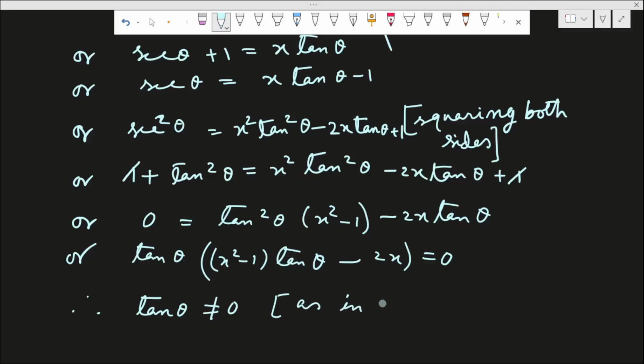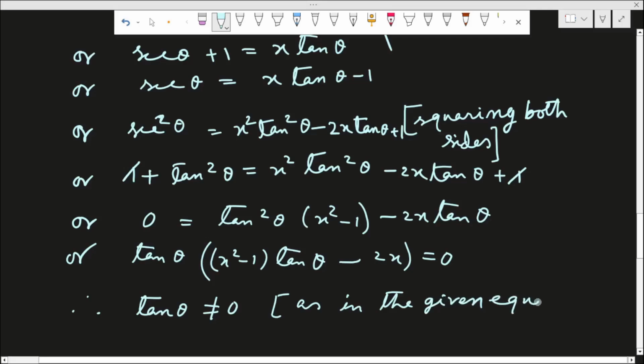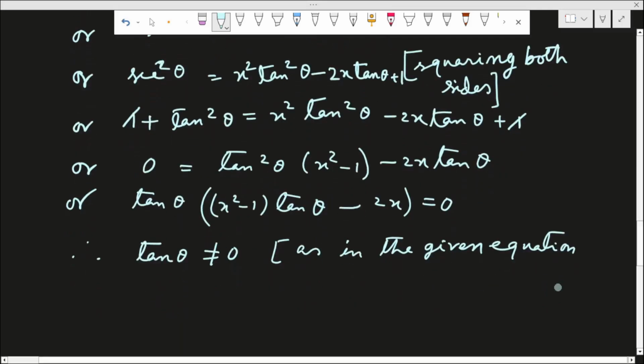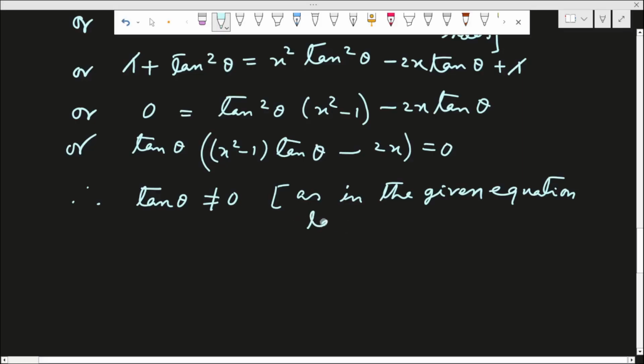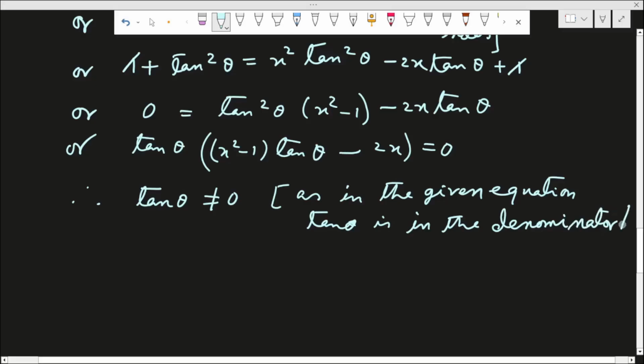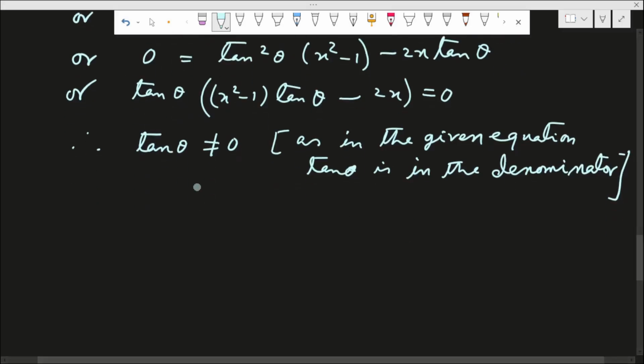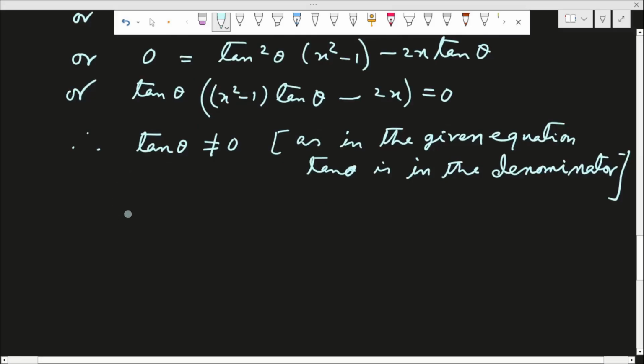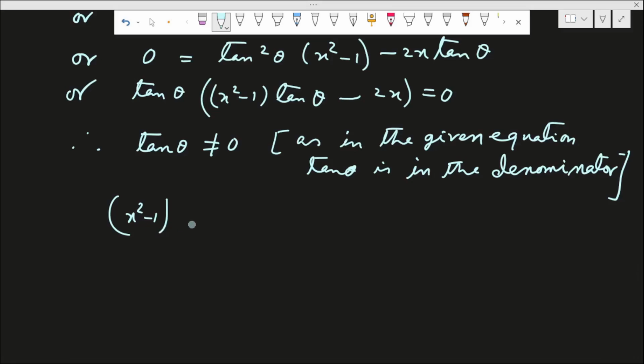So the other expression must be 0. x square minus 1 times tan theta minus 2x is equal to 0.